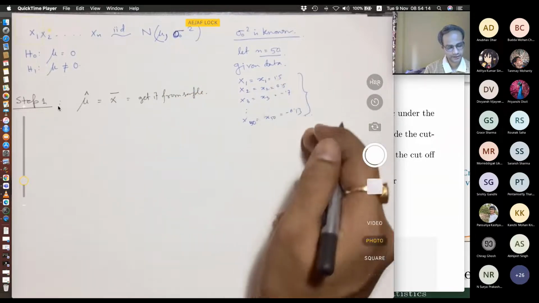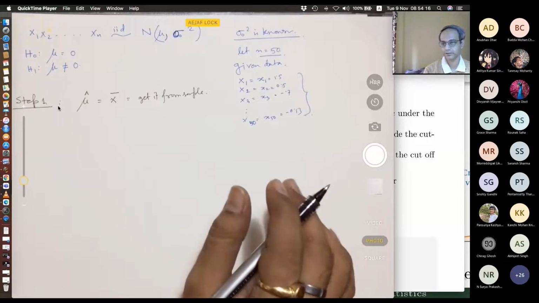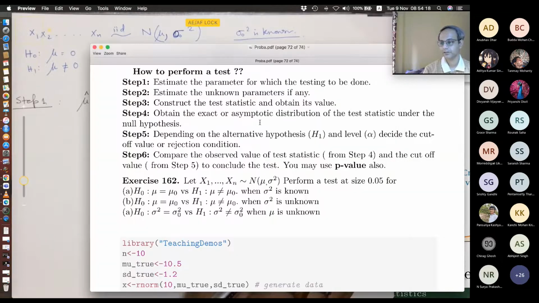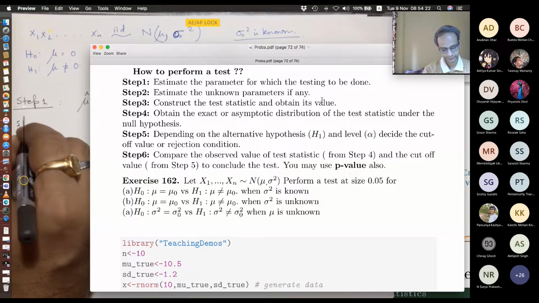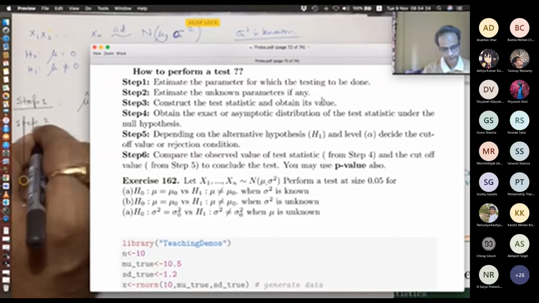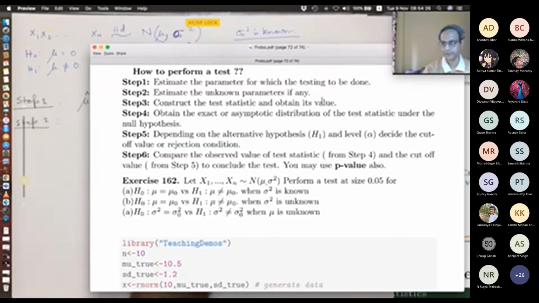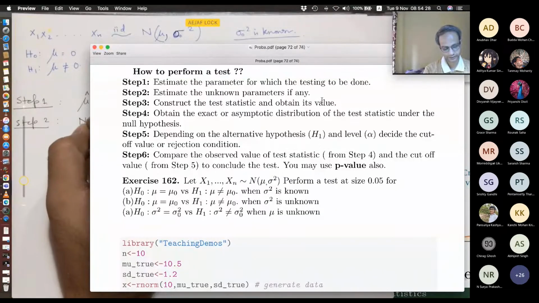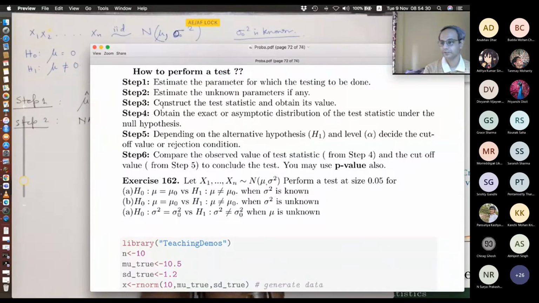Whatever sample you have, you will get a numeric value. Step 2: estimate the unknown parameters, if any. Here we don't have any unknown parameter, so I need not require anything.